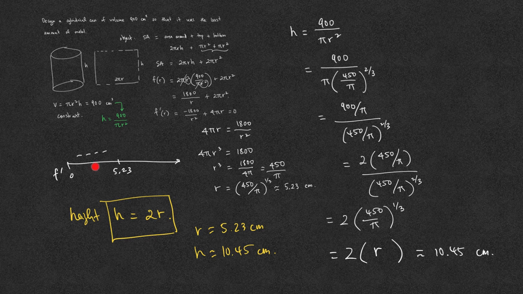Pick r equal to 2, for example: negative 1800 over 2 squared plus 4 pi times 2 will be negative. And if we pick any number after 5.23, 100 for example, we will see that f prime is positive. And in this case, the function is decreasing and then increasing. The function attains its minimum value at 5.23.